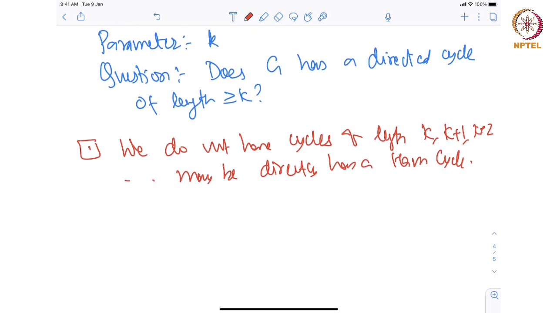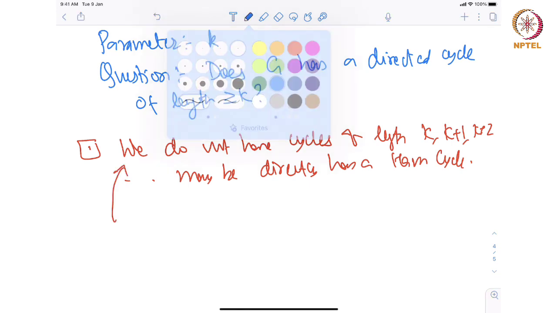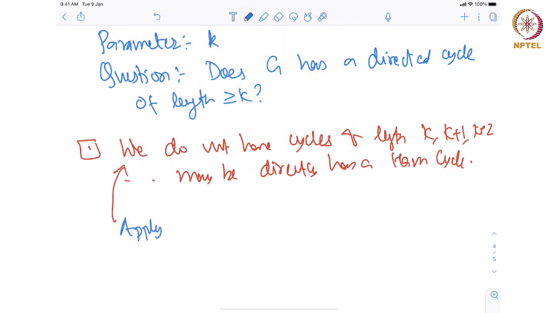If you had a cycle of length exactly k or k plus 1, in this case we could have applied color coding or any other approach.